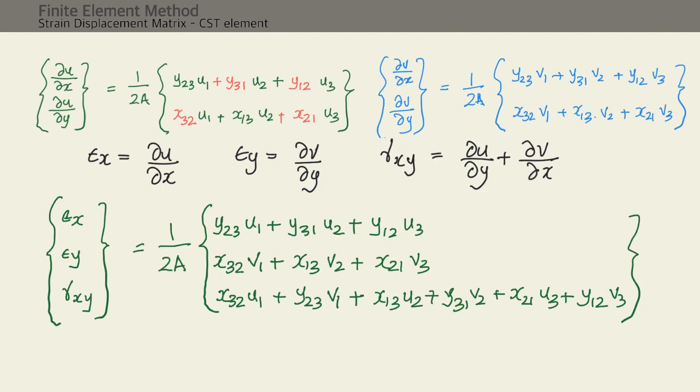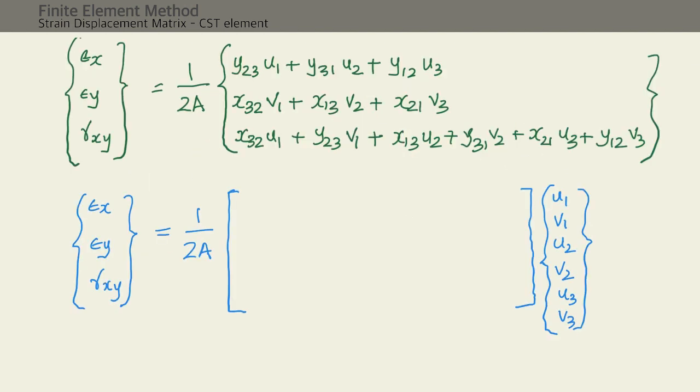We have one more step remaining, which is I'll split this vector into a product of a matrix and a column vector, and that column vector would be the nodal displacement vector, which contains u1, v1, u2, v2 and u3, v3. We have to fill the elements of the matrix. The first row is from this equation. So the coefficient of u1 is y23.